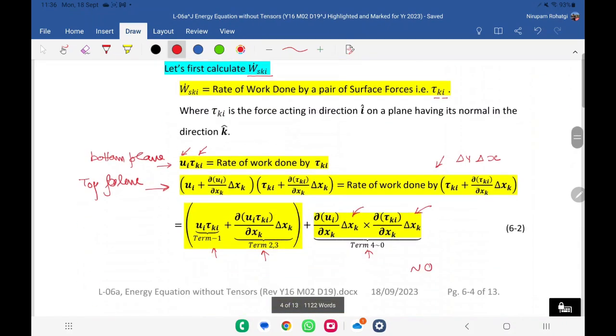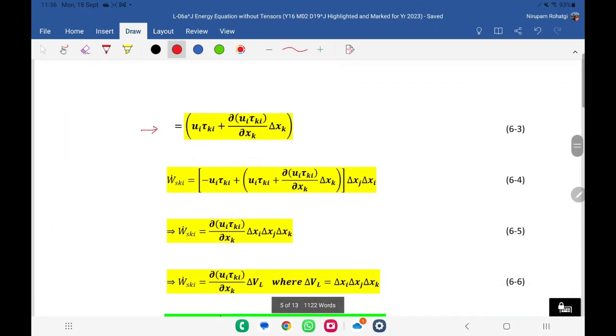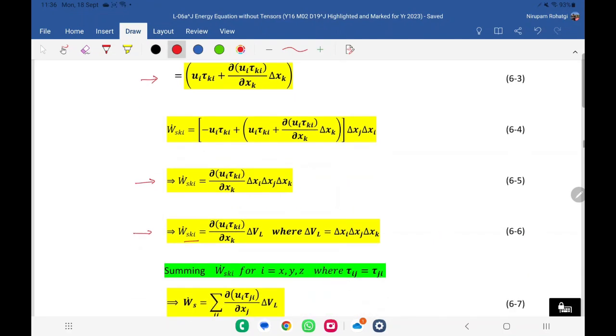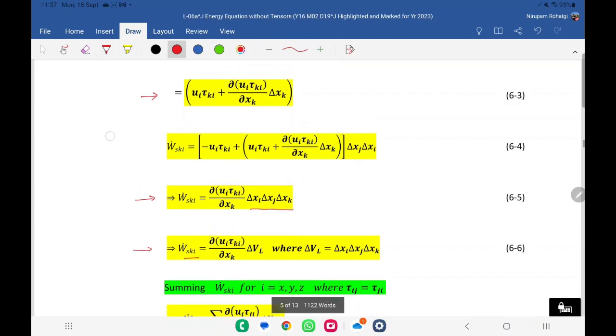Okay, so the difference of the two will be equal to this, and this is SKI, work done by surface force, and the surface force is one which is acting on plane K in direction I. Now you multiply it by, your multiplication by volume has already come, because these are the shear forces.